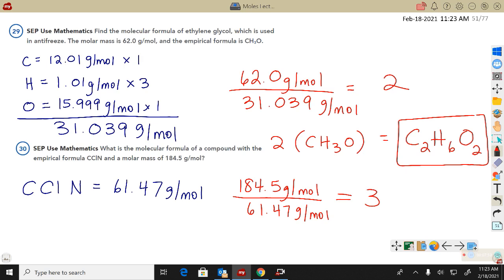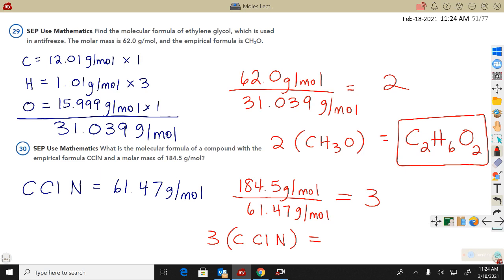So now all I have to do is multiply my empirical formula, CClN, by 3, so that my new ratio is C3Cl3N3. And if I wanted to confirm that I did it right, if I add the mass of my new molecular formula, I should get the 184.5.